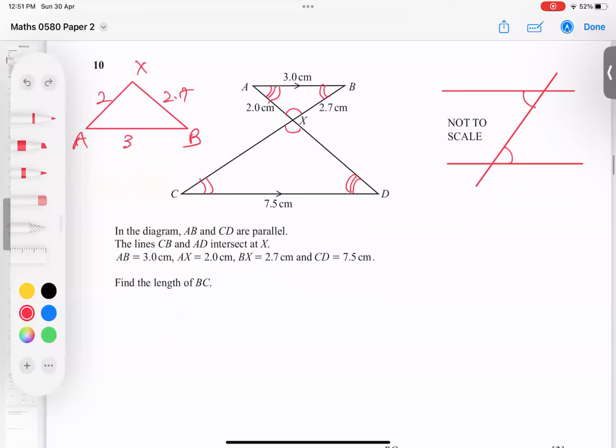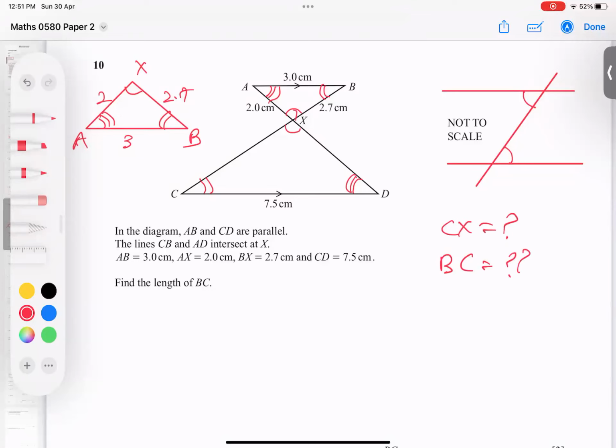So now the similarity is very clear. Triple cut at A, double cut at C, but here double cut at B, and this single. Now I can do it easily. Where is BC, students? BC is this full length, but this is 2.7, we have it. If I get CX, I will get my answer. First task is CX, and then the task is BC.